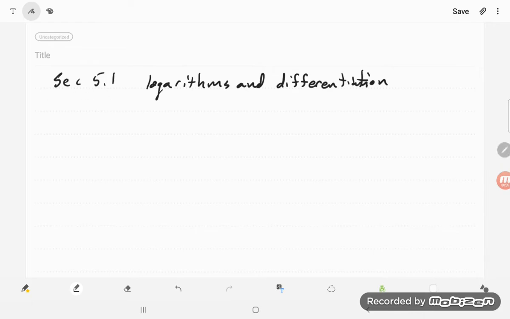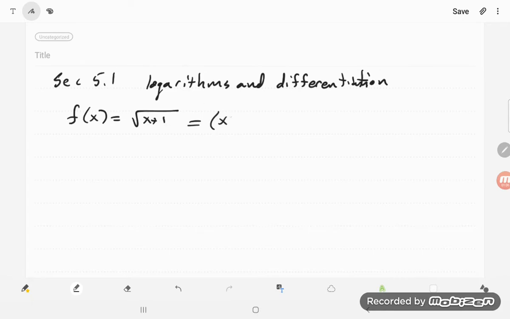Logarithms and differentiation. So, for instance, suppose you've got a function f of x that is the square root of x plus 1, and you want to find its derivative. For us, it's not really that big a deal.